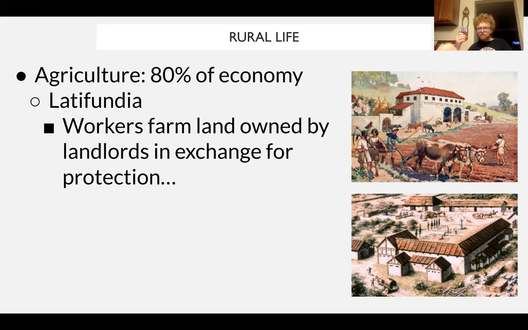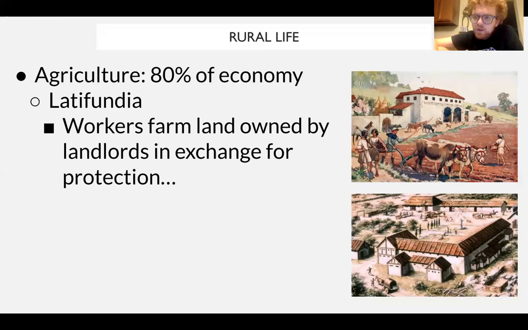But as these latifundia expand further and further away from Rome, further away from the urban center of the empire, these landowners are increasingly having more political influence over their communities. So if we're thinking about the eventual end of the Roman Empire and the transition to the Middle Ages, this is really the basis for what will become medieval European feudalism.